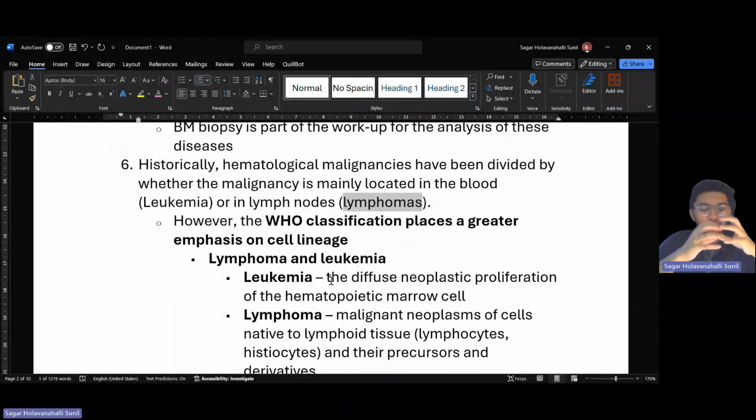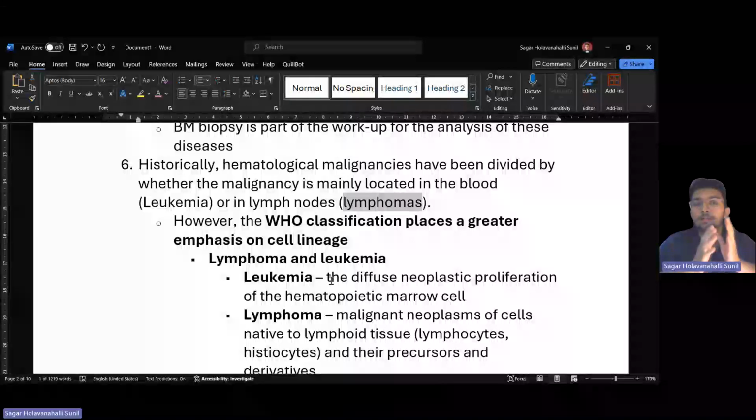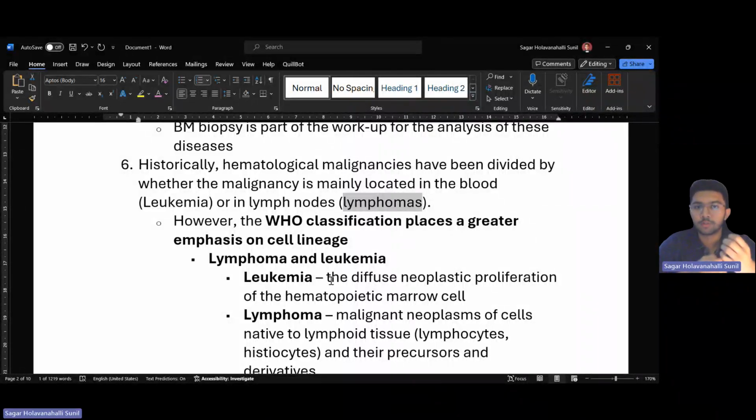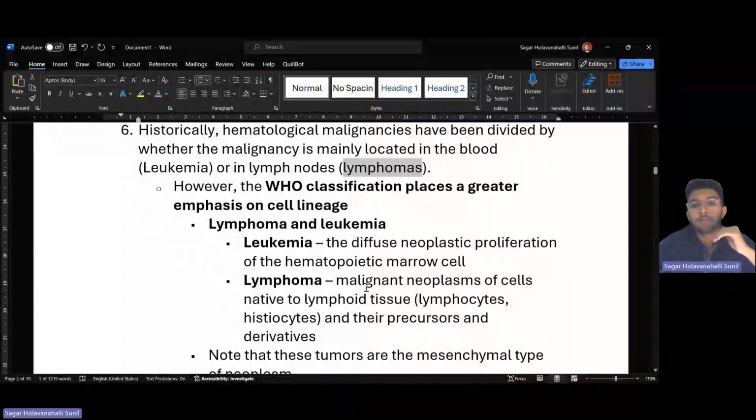So you have the tumor, or this neoplasm, existing in the circulatory system, in the blood. Whereas in lymphomas, you have this neoplastic proliferation of immune cells, but they are occurring in the lymph nodes, and then they might spread to the blood and vice versa. Even from the blood, the neoplasm can shift into the lymph nodes.